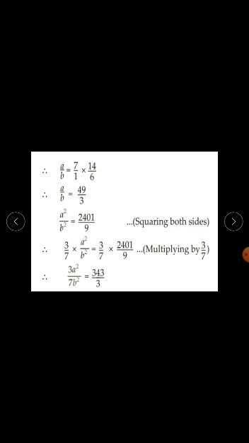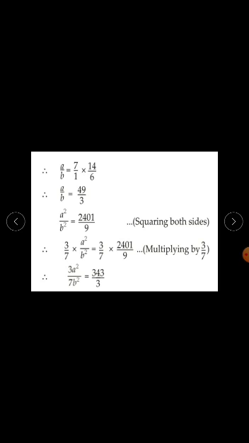Therefore a² upon b² equals 49 square is 2401 and 3 square is 9. Now we want 3a² and 7b². For that, multiply 3 upon 7 to both sides.